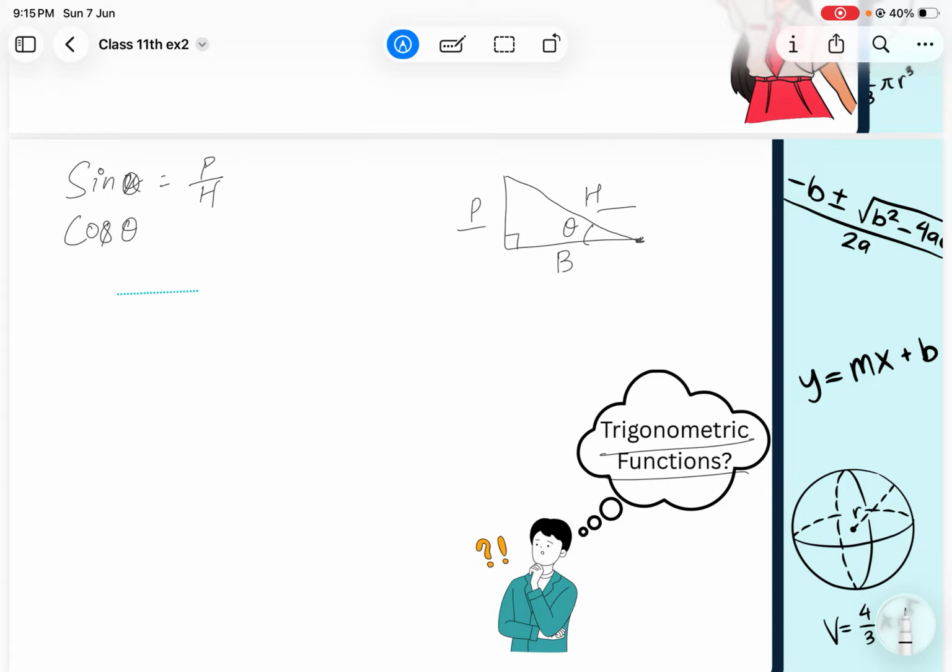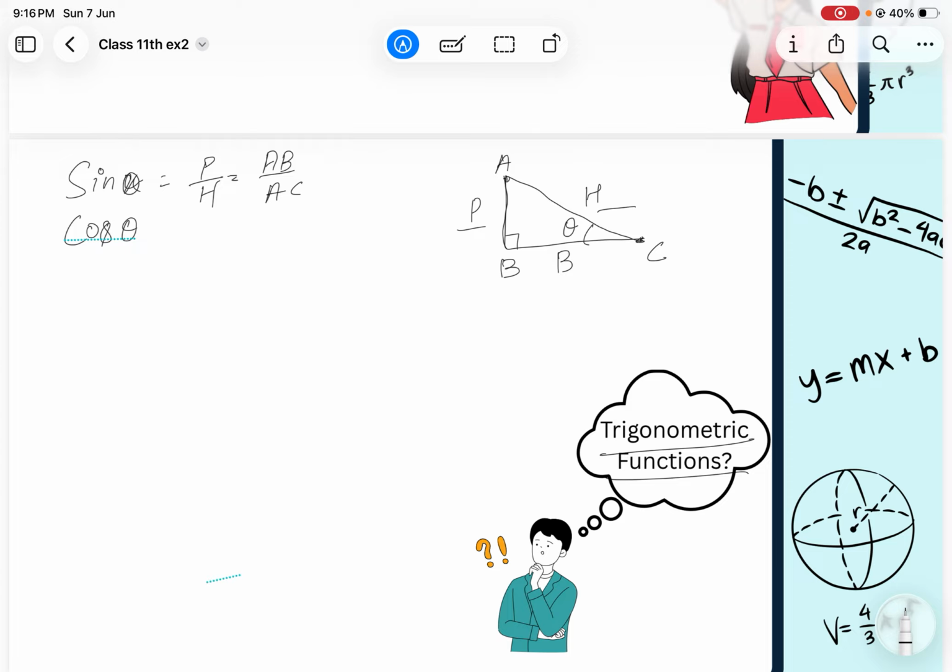So it will be p by h. If we name all the sides a, b, c, then this AB, that is equal to p, AB by AC, this h, AB by AC, that is sine.